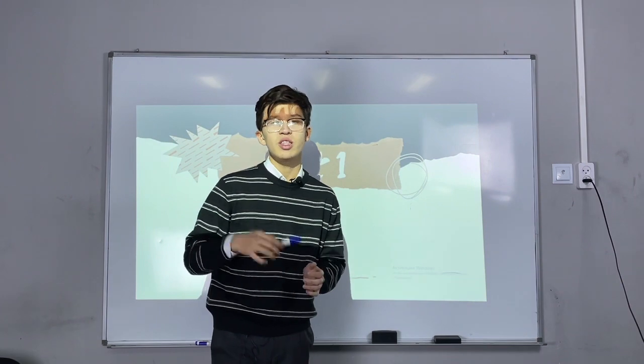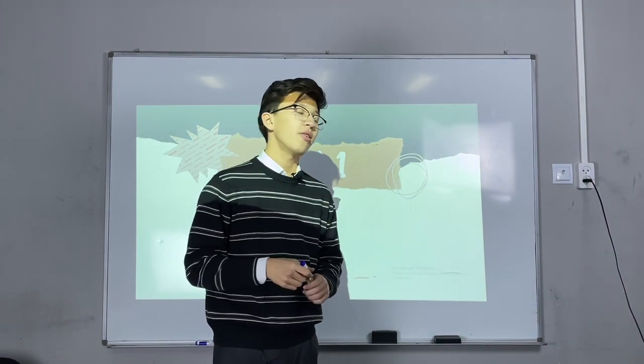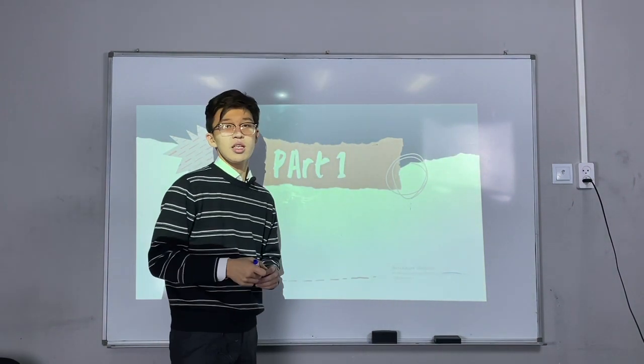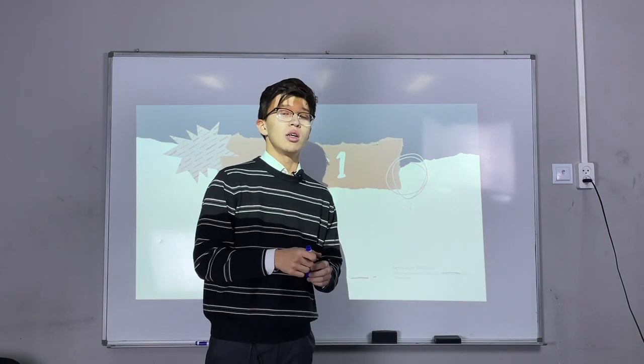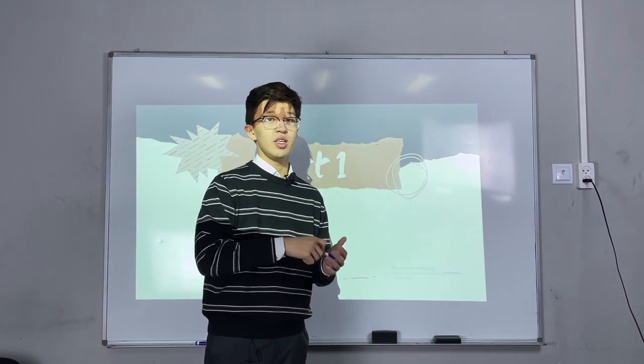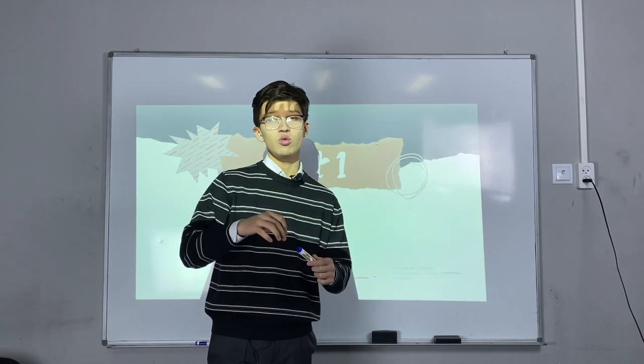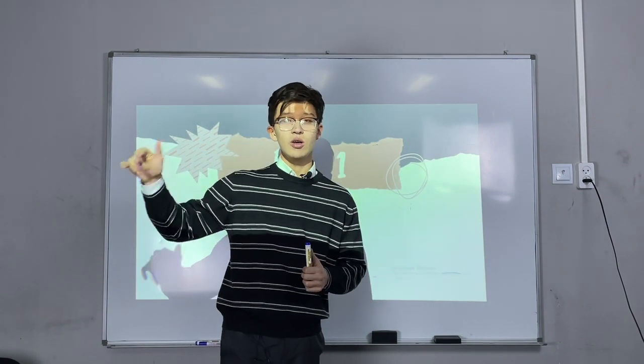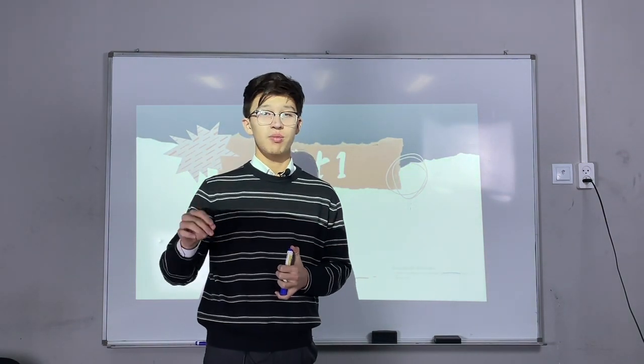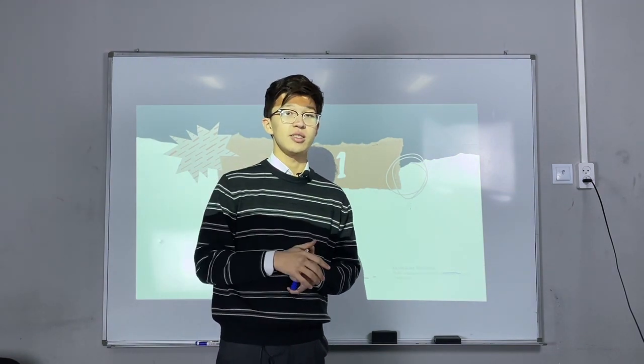And here, what about the tangent and cotangent? As you know, the tangent of an angle is equal to the opposite length divided by the adjacent length.